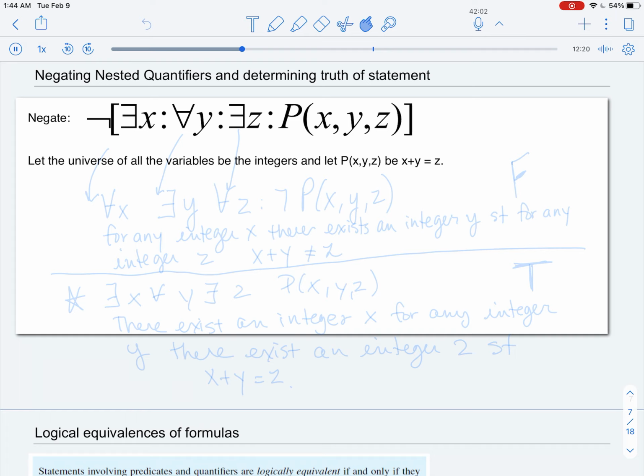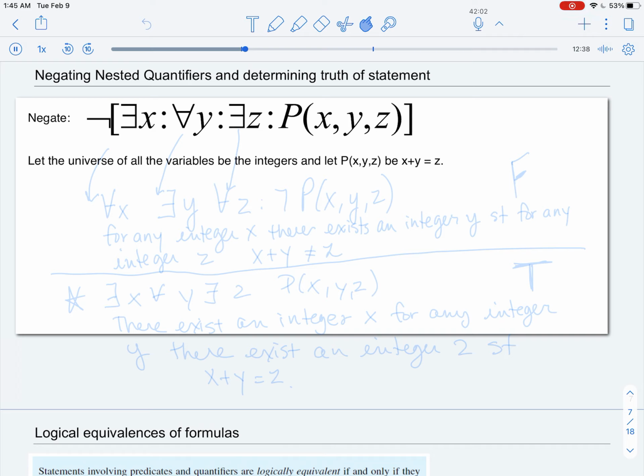In this video, we'll continue our discussion of determining the truth of statements in first-order logic, and in particular, we'll consider some examples with negated, nested quantifiers.